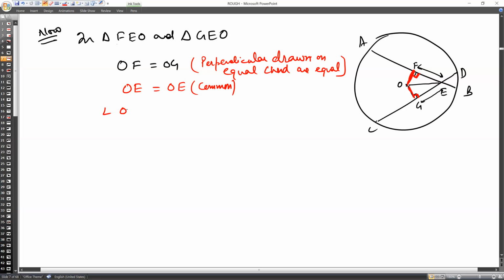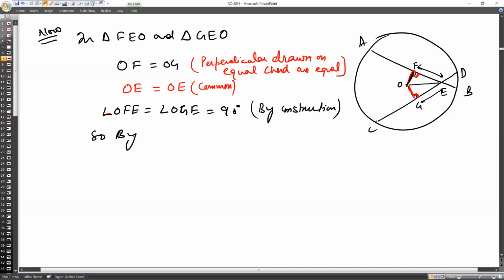Angle OFE is equal to angle OGE, equal to 90 degrees. Okay, you have proved this one. This is by construction, since you have made this one perpendicular. So by RHS, these two triangles are congruent. Triangle FEO will be congruent to triangle GEO.